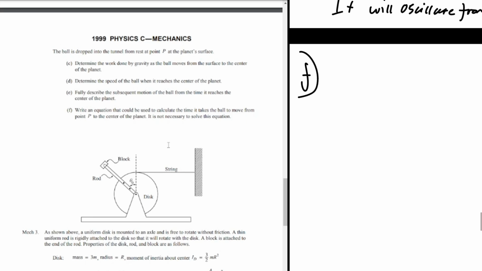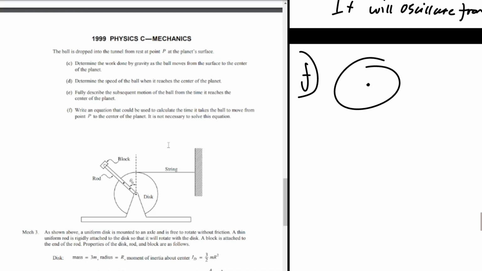It's arbitrary, right? And that baits you to find the solution for F. So F is: write an equation that could be used to calculate the time it takes to move from point P to the center of the planet. It is not necessary to solve this equation. Since you now know that it's simple harmonic motion after answering E, I'm going to draw this out.